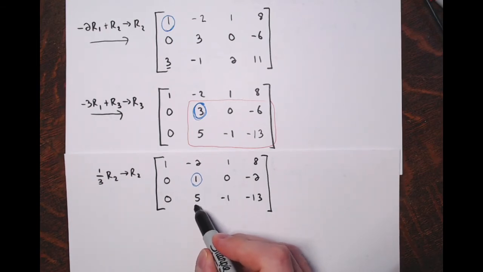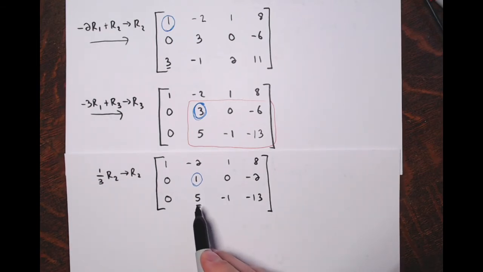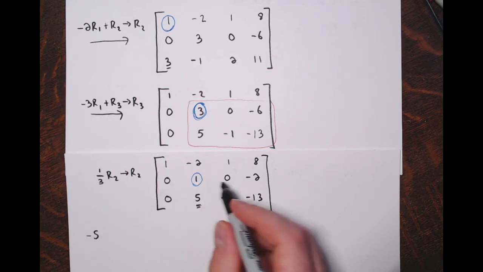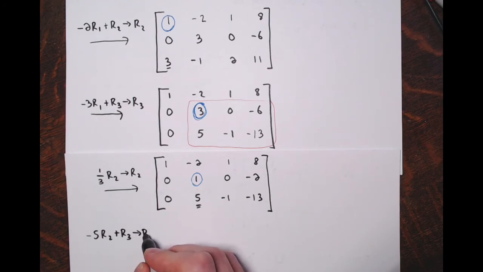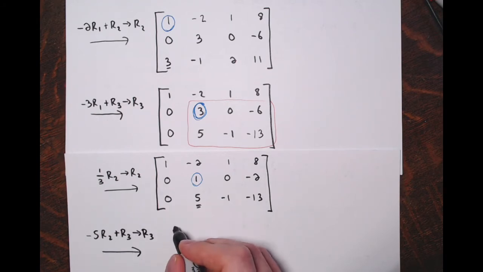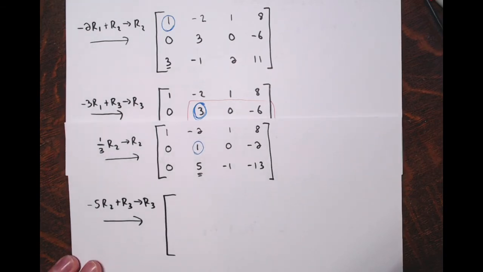I want to zero out the values below that pivot, below that leading 1, which is 5. So I multiply by -5, right? So I'm going to take -5 times the second row and add it to the third row and replace that third row. So all I'm replacing is the third row.